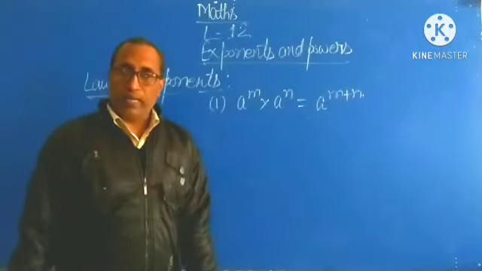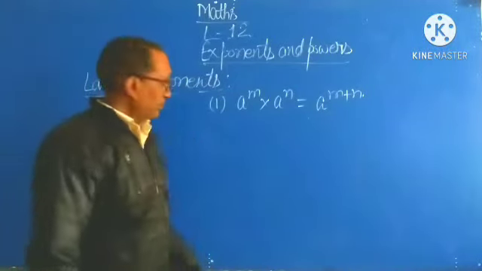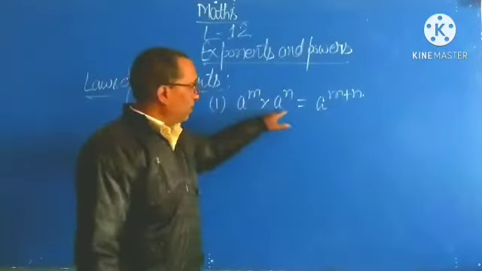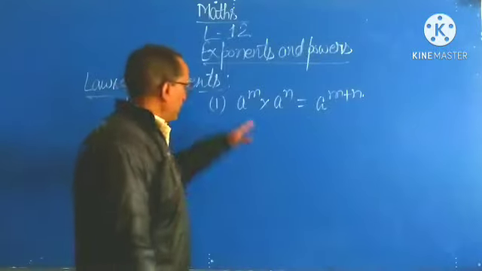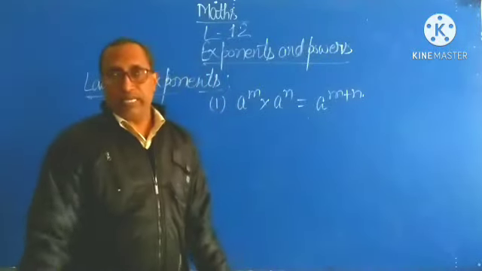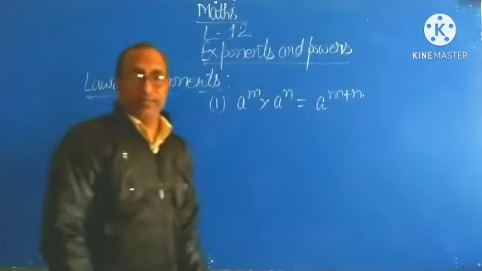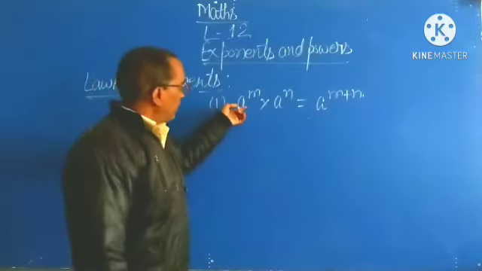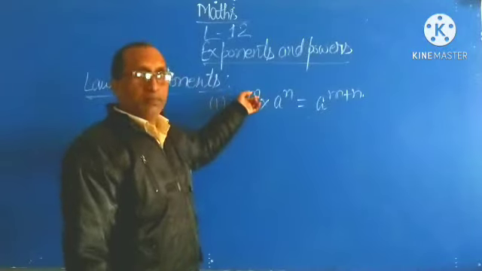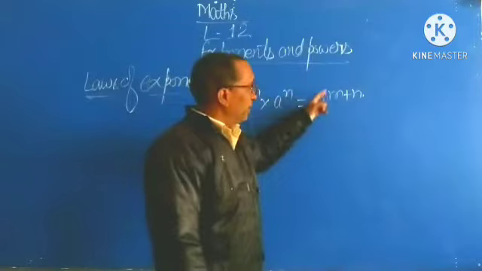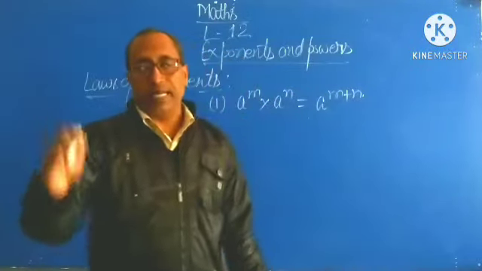When you multiply exponential numbers whose bases are the same, then the powers will be added. This means a raised to power m into a raised to power n is equal to a raised to power m plus n.